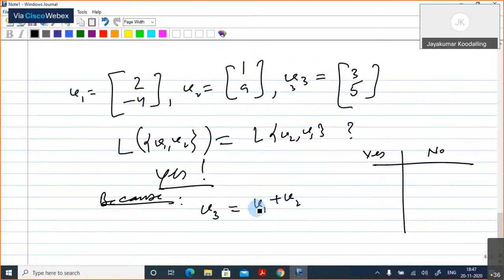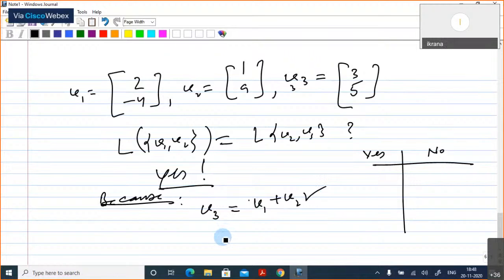Alpha 1 is 1, and the coefficient of V2 is also 1. But V1 plus V2 is equal to V3. So 2 plus 1 is 3. Oh yeah, good, great.